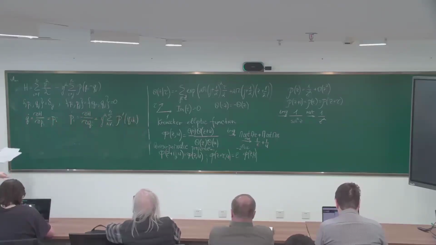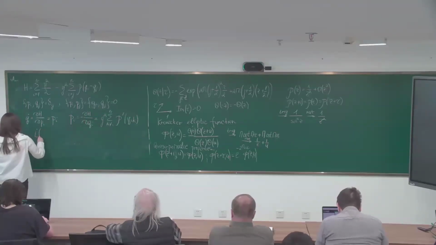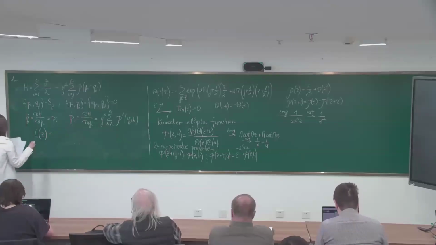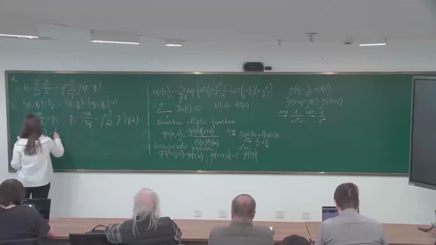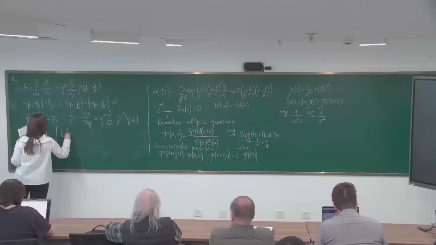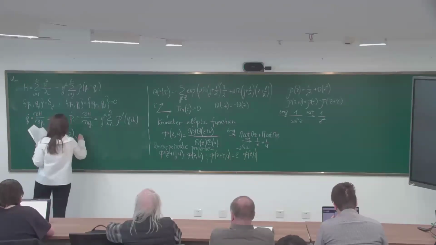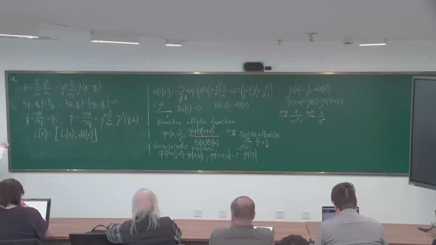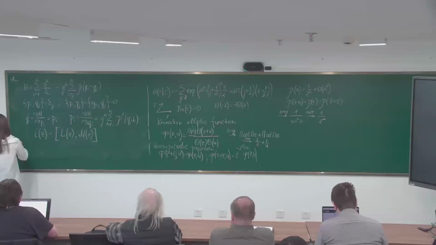And these equations can be represented in the Lax form. So it means we have some matrix L and M, which satisfies the Lax equation. And this pair was found by Krichever.